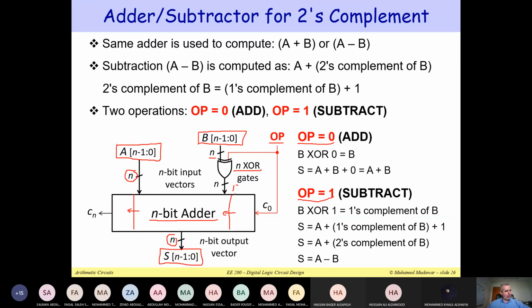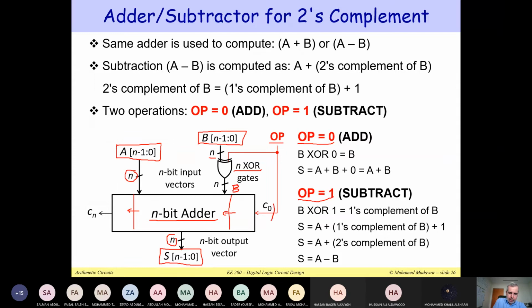I cannot write with my mouse, so I have to use my pen tool. Let me write B here. So you can see that if my operation is add, 0, it means addition, then the output of these n XOR gates will be B. So my input here will be A, which is added with B, and C0 is just equal to 0.